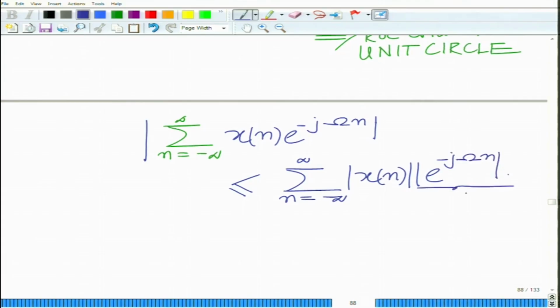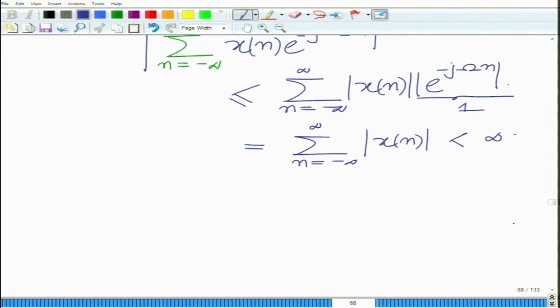But the magnitude of e raised to minus j omega n is 1, so this is summation n equals minus infinity to infinity magnitude of x[n], which is less than infinity if the sequence is absolutely summable.